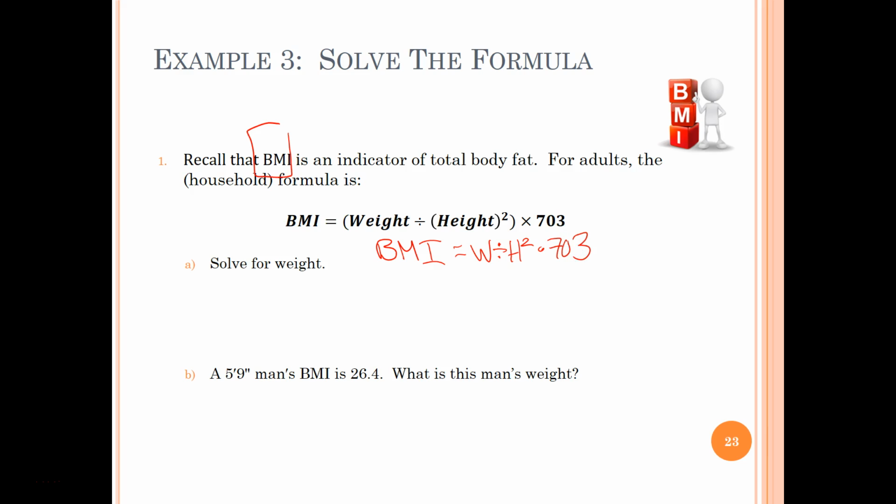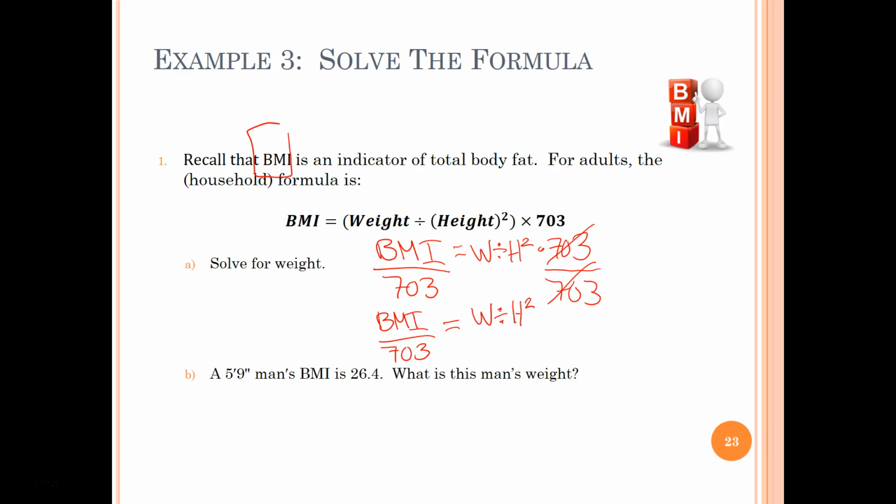Now we want to solve for that weight. So if we look at this example, we're trying to get weight by itself. Well, first thing, this 703 is being multiplied to everything on the right. So let's divide by it on both sides to get it over to the left-hand side of the equation. And now what we're left with is BMI over 703 is equal to weight divided by our height squared.